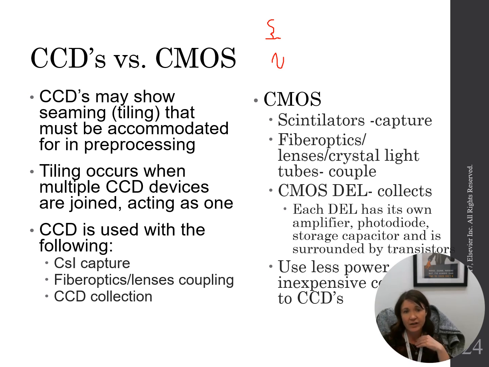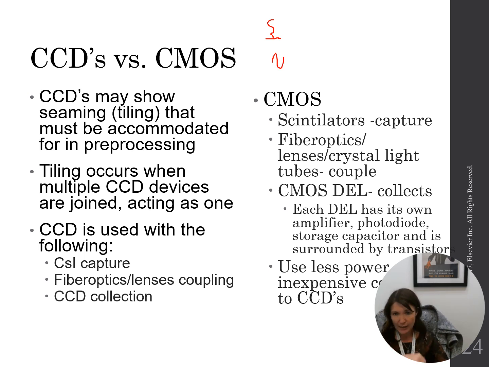So CCDs can show tiling, lack of information due to grouping of large numbers of CCDs that act as one unit. CCDs are usually used with cesium iodide capture elements, fiber optic or lens coupling, and a CCD collection device. So it's usually those three things utilized together to make a system.